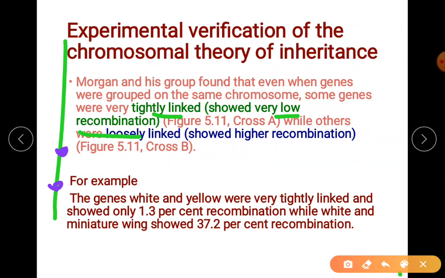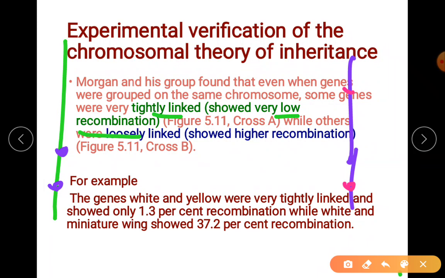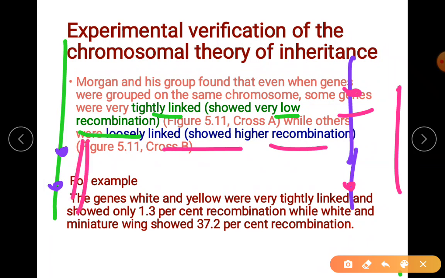The chances of them separating are low. Now in case there is a chromosome here and the genes are very far apart, then the chances of them being exchanged are high. If it is far, it is loosely linked, so higher recombination. If they are closely or tightly linked, they have low recombination. It is difficult to separate them here; here it is easy to separate them for the exchange.